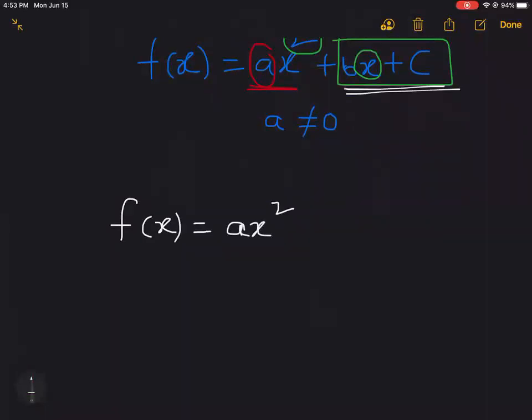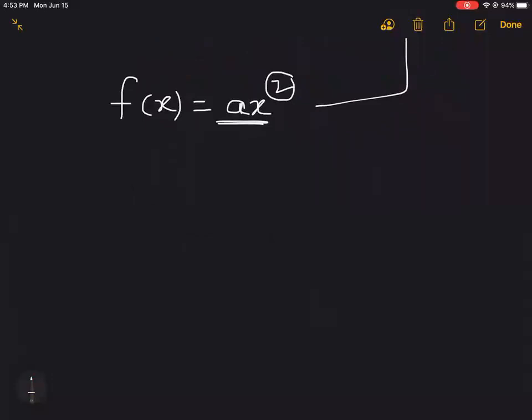This can be 0, as you can see, because for a function to be quadratic, all you need is that the highest exponent has to be 2. So this is definitely a quadratic function as well. Okay, so that means bx plus c is 0 for this example.